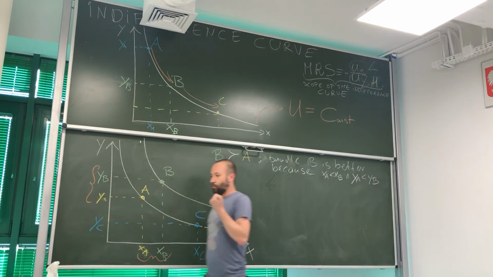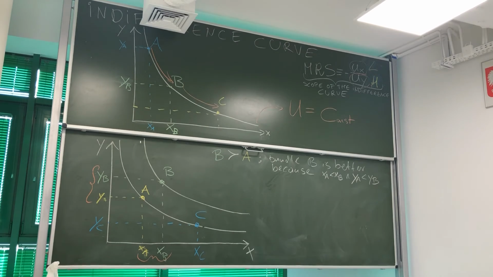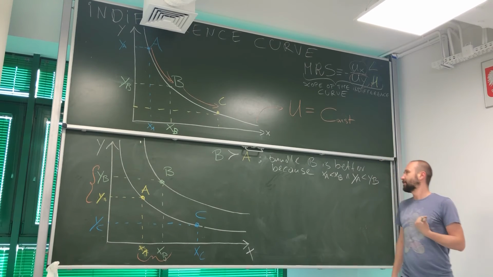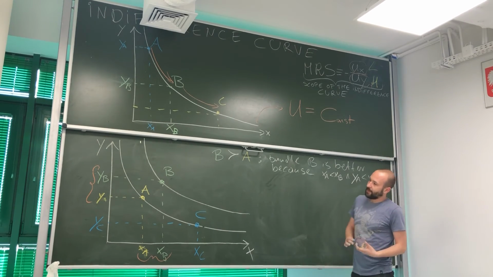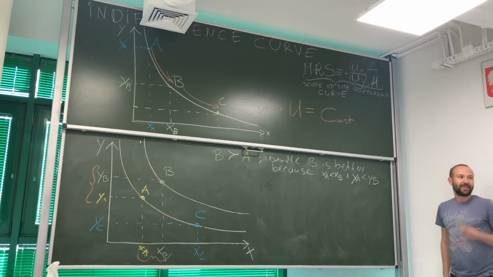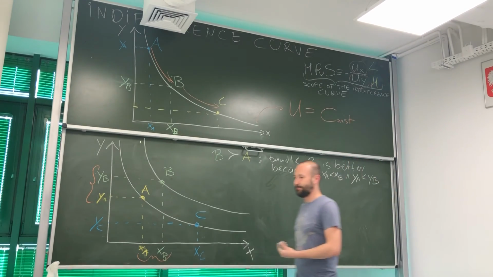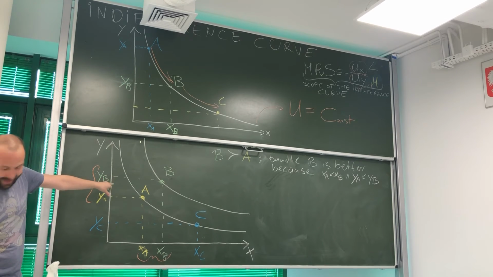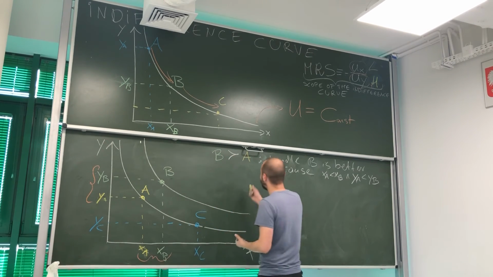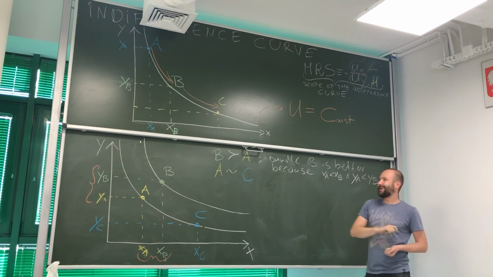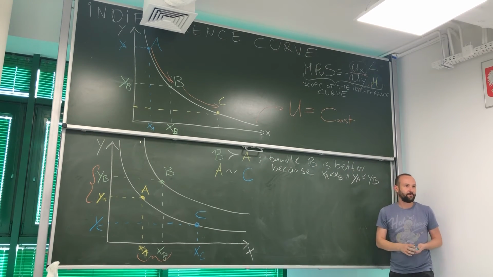And look, we can decide upon it using what we already learned about indifference curves. Because look, each point on an indifference curve gives the customer exactly the same satisfaction, exactly the same total utility. So, based on that, I can say that the customer is indifferent between bundle A and bundle C, right?